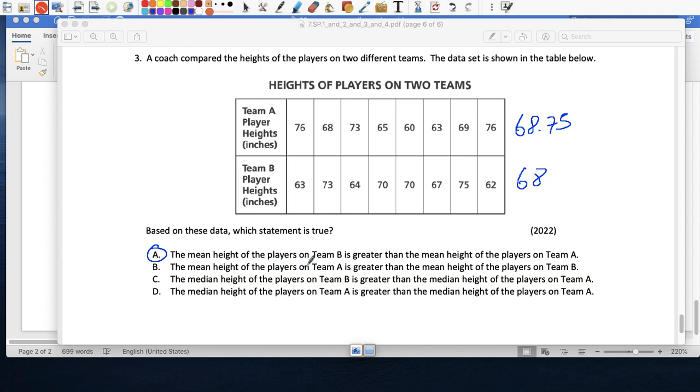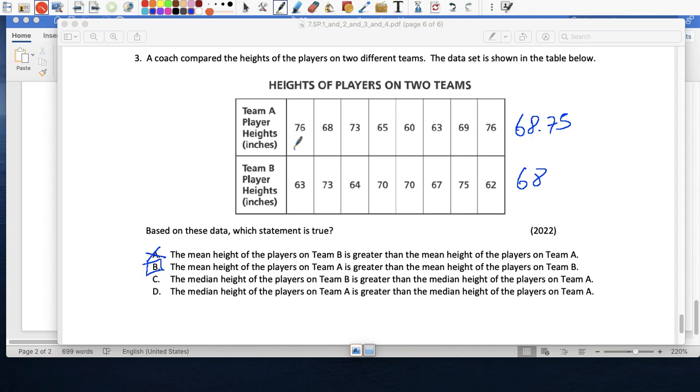The mean height of Team A is greater than the mean height of the players of Team B. Sorry, hang on a second. I didn't read this correctly. Team B is greater than Team A. Not true. A is not it. Team A is greater than Team B. Yes, the average, yes. The median height of Team B is greater than the median height. So B is already true.